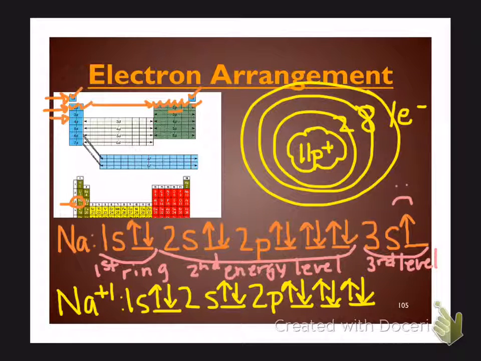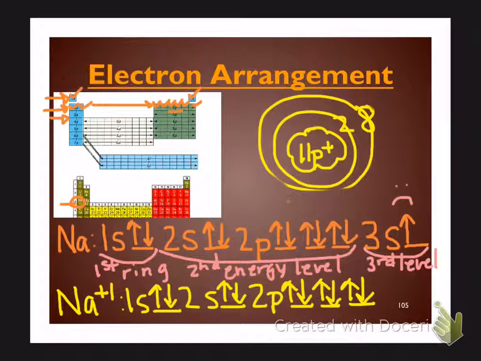As an ion, it loses this outer electron and this energy level completely. So if another element comes in, such as chlorine, here's a chlorine atom, I'll just draw it simply. Chlorine is looking for an extra electron.